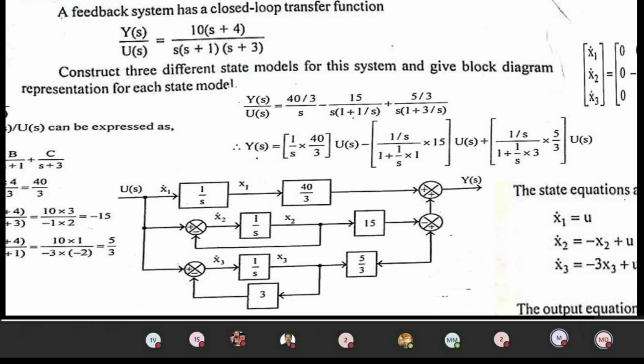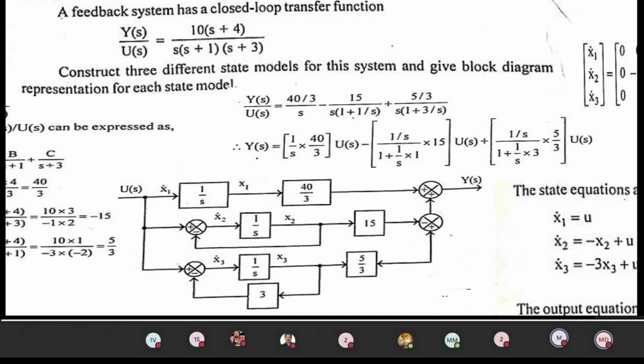Then you can write the canonical transfer function equations: 1 divided by s into 40 divided by 3 u of s, and 1 divided by s over 1 plus 1 divided by s into 15 into u of s, and 1 divided by s over 1 plus 1 divided by s into 3, and into 1 by 3.